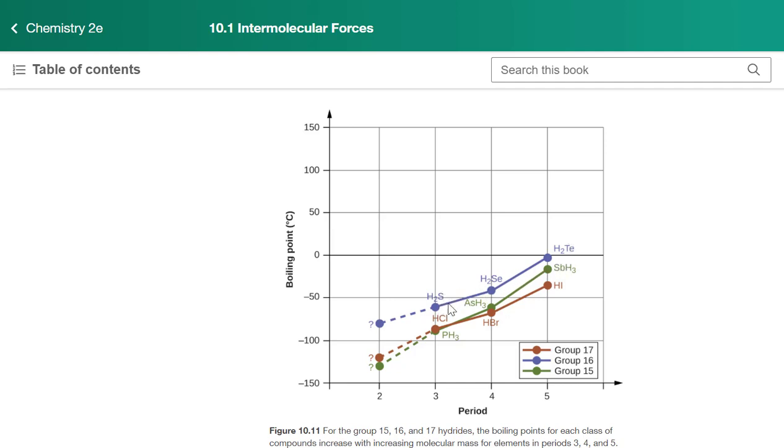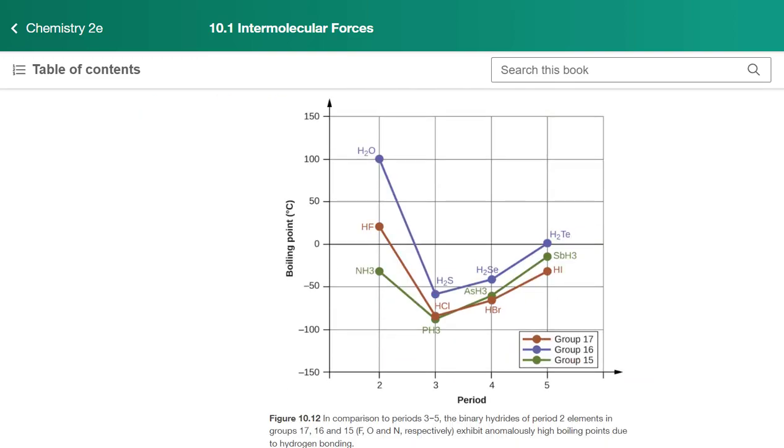You can guess, if we have the period 2 element in here, which would be oxygen, nitrogen, and fluorine, where would you expect that to be in terms of the boiling points? It turns out they are not at all where you would expect them to be. They are extremely higher than the expected trend. This is because of hydrogen bonding.